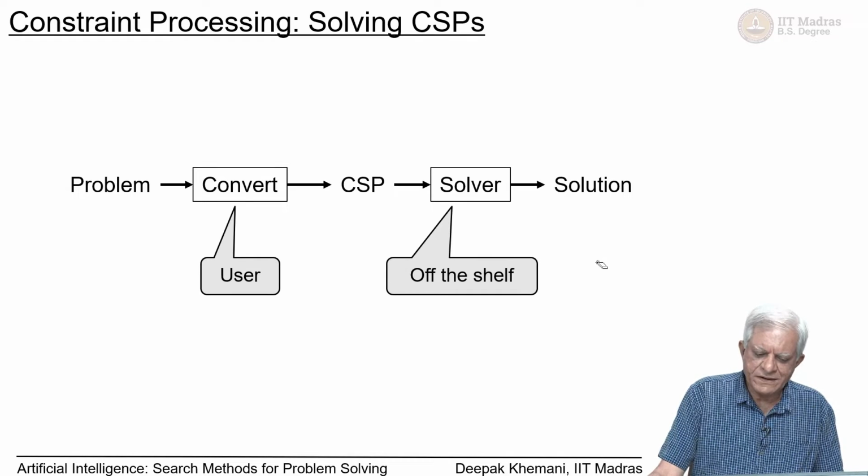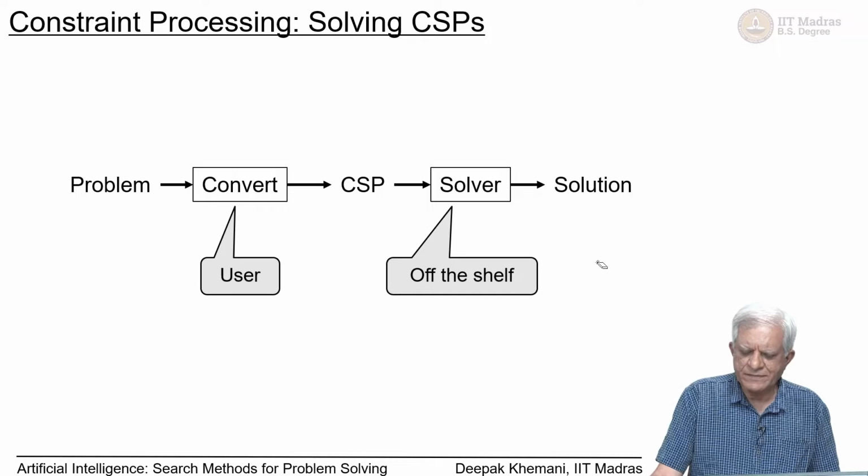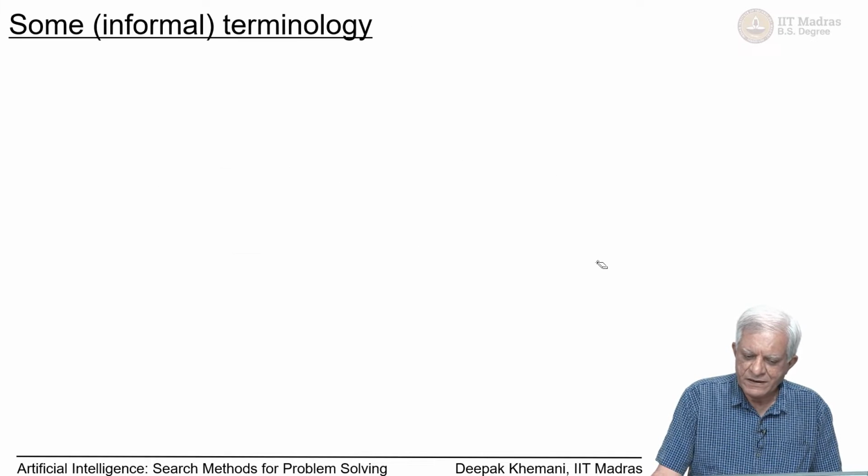We have already seen that the process of using constraint solvers is that a user takes a problem and converts it into a CSP, which is an input to the solver, and the solver produces a solution. So, let us look at some of the algorithms that are used by solvers of constraint satisfaction problems.